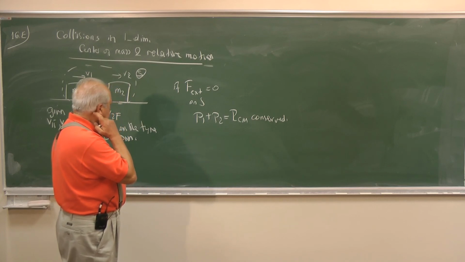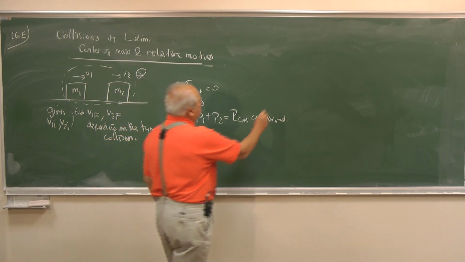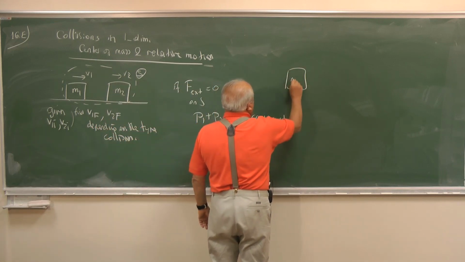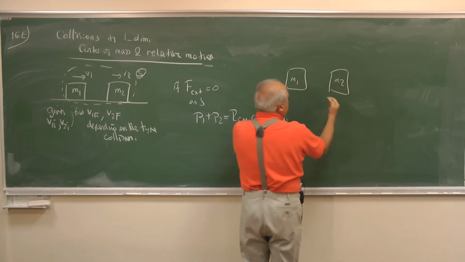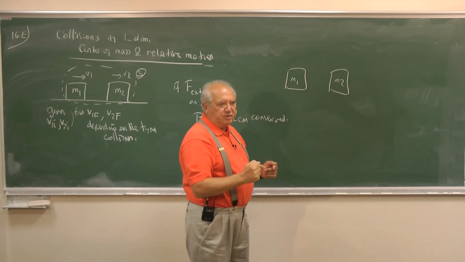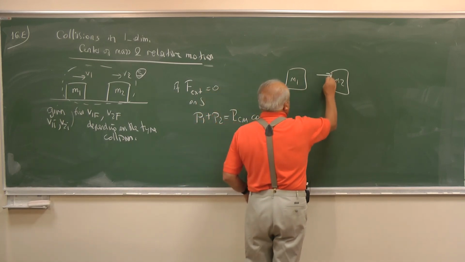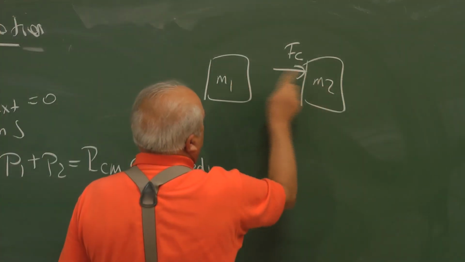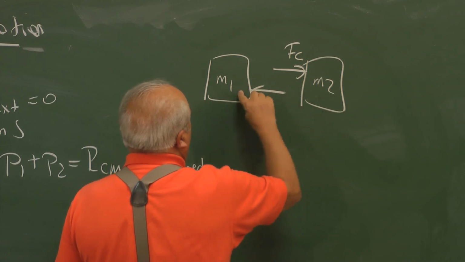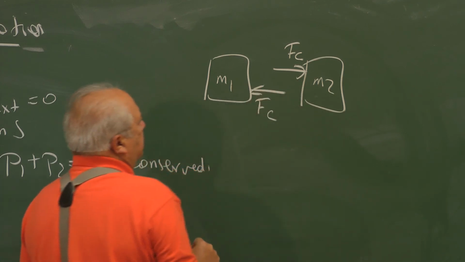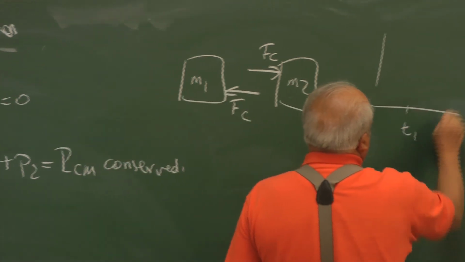Let me just add something here. Suppose M1 and M2 collide. So here is M1 and here is M2. When they collide, they apply collision forces on each other. So this one is due to M1 on M2, and this is the same force due to M2 on M1, and the collision lasts from T1 to T2.